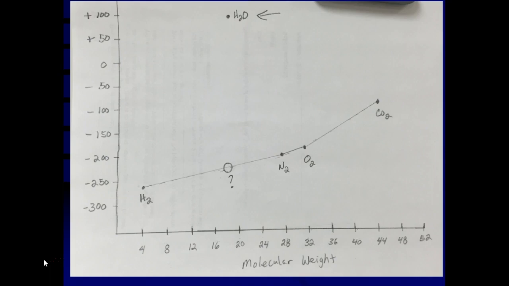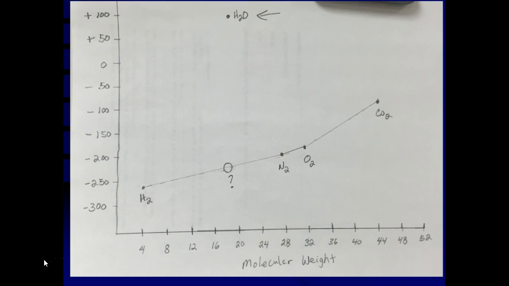And as you can see, based on our little prediction, we would expect that water should really be between minus 200 and minus 250 degrees Celsius. But because water is polar, and that's the big thing, because water is polar, it has a much higher boiling point.